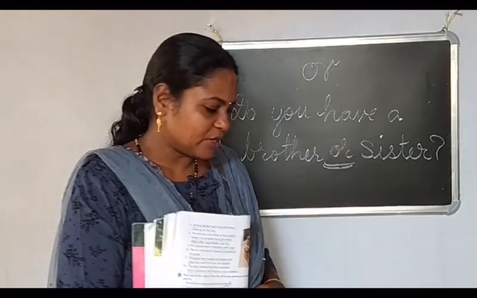That's all about it. Now just recollect what we have studied today. We have studied that a conjunction is a word or a group of words that is used to connect two words or two groups of words or two sentences. That is the duty of a conjunction.